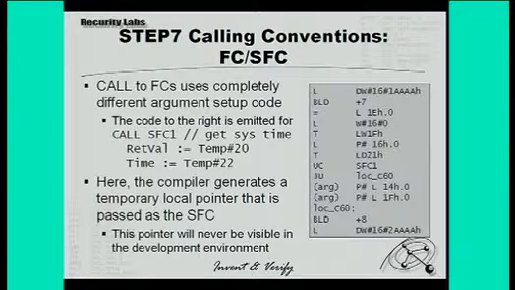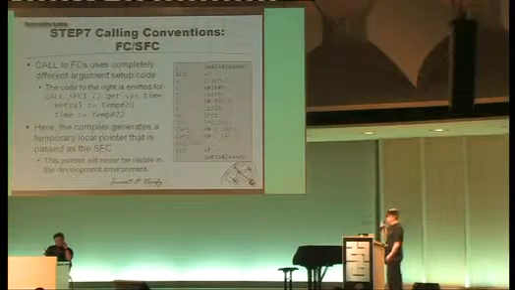Interestingly enough, when you call functions, like not function blocks, but functions, it's a completely different pattern. My guess is the functions came later, because of what they do here. Last year I spoke about Flash and the most ridiculous things they do. Siemens actually managed to top them.